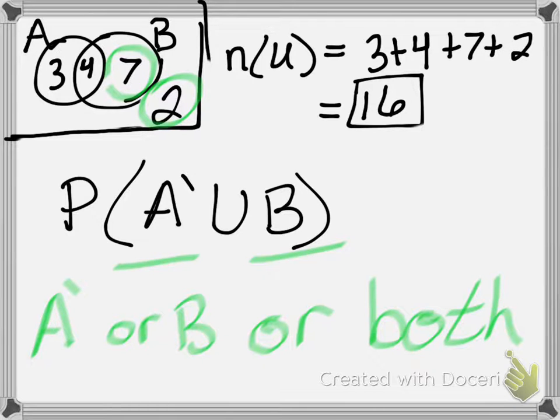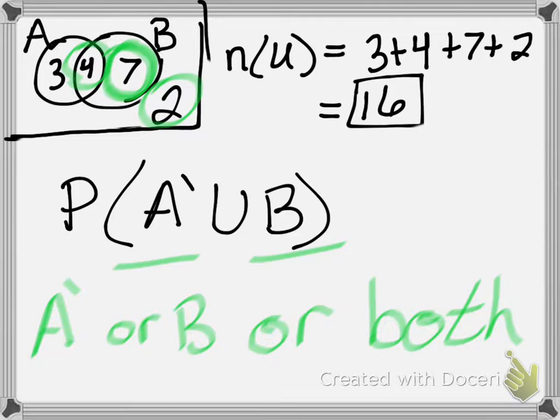Let's just look at B. What groups are in group B? That's the 7 and the 4. Okay. Or both. This one we've already covered, because with the both, that would only be group 7.